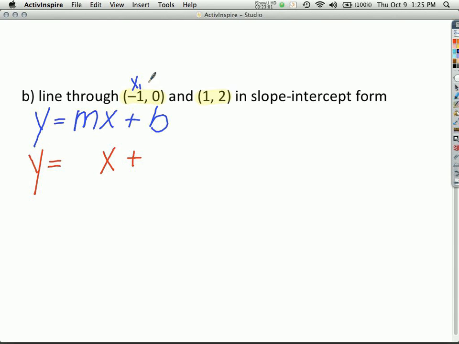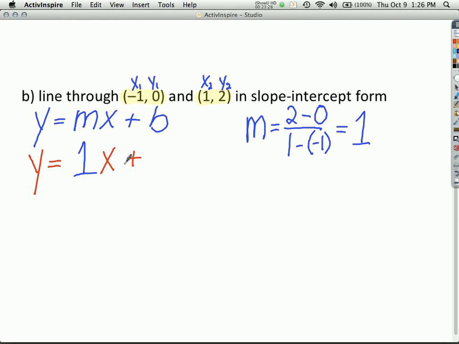This is x1, y1, x2, y2. And use the slope formula. m equals y2 minus y1 over x2 minus x1. And we get 2 over 2. Slope is 1. And so we get y equals 1x plus something.